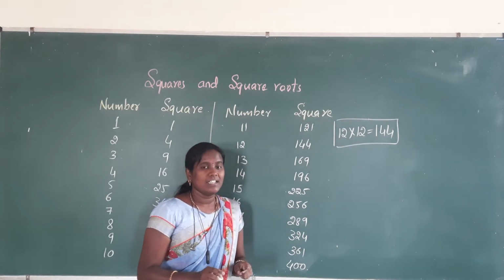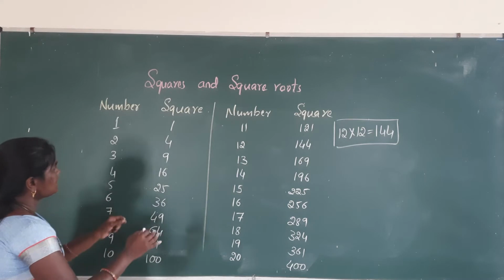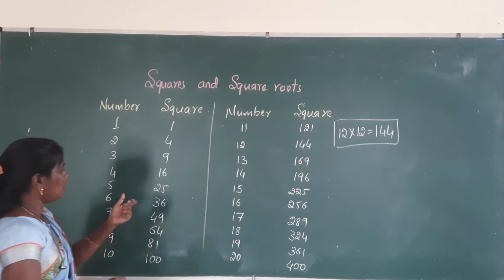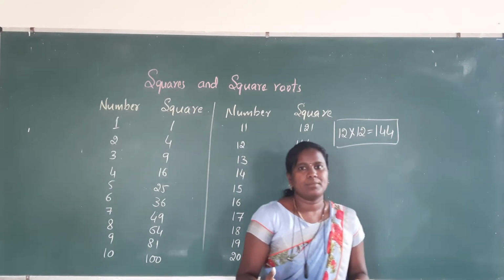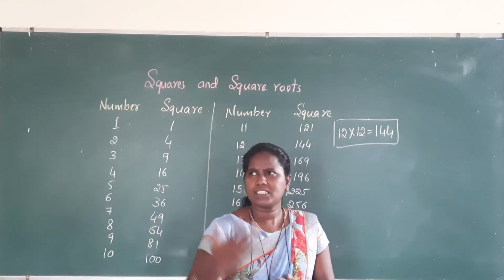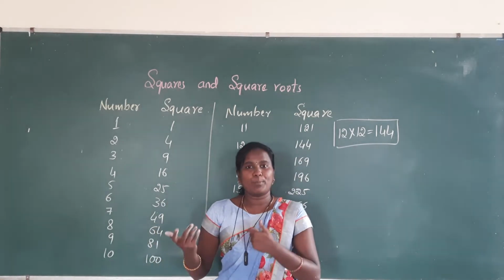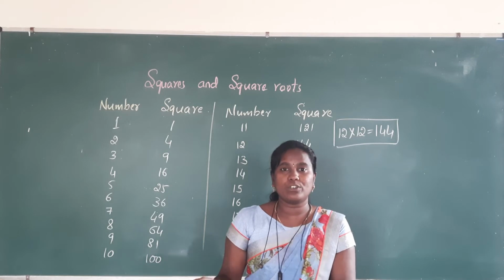Now, let us see some properties of these square numbers. Are the properties like commutative property, closure property, associative property what we are going to learn here?